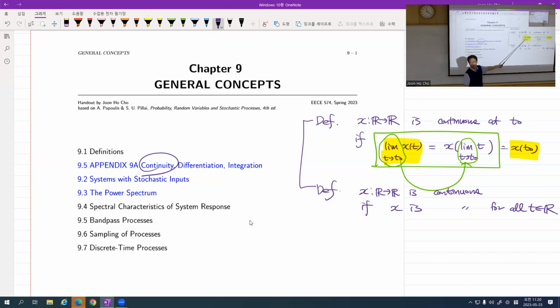Anybody remember what is the definition of this, by deleting all the information you learned after entering the college? Actually, there is no definition. That's the problem of Korean high school math. Now, what is this one? So here goes the definition.